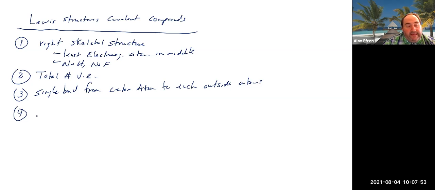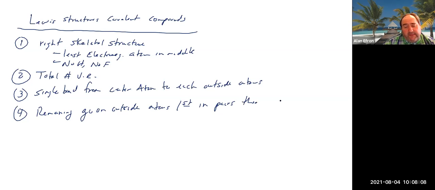All those remaining electrons go on the outside atoms first, in pairs, then to the center atom, also in pairs.